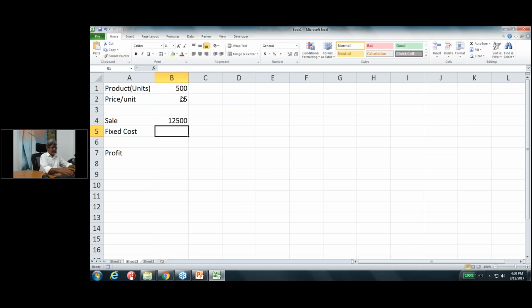And for example, say we have 12,000 as the fixed cost associated with the whole lot. Now, what should be the profit? For example, we have the profit, it should be sales minus cost.